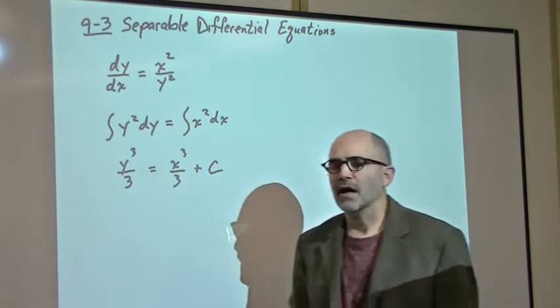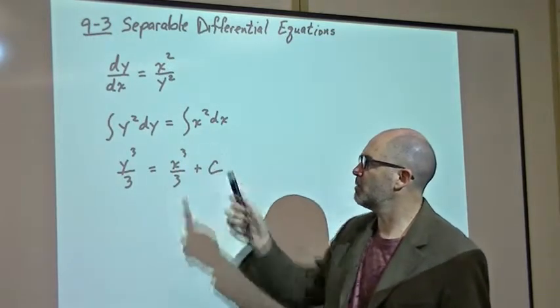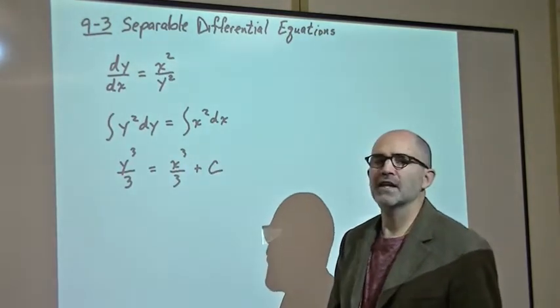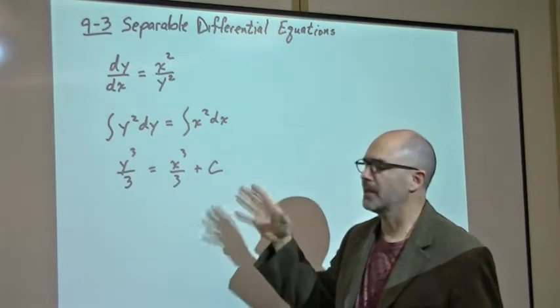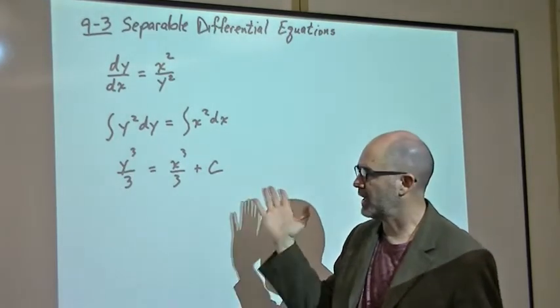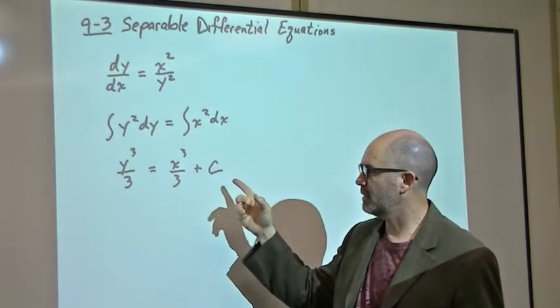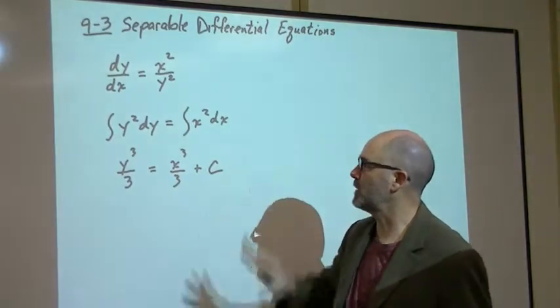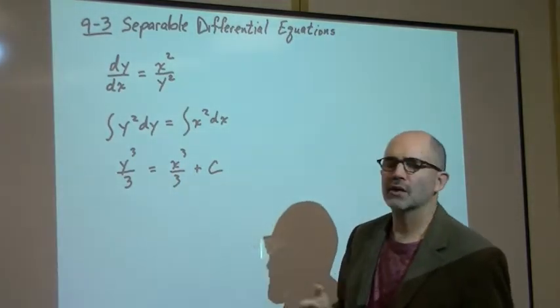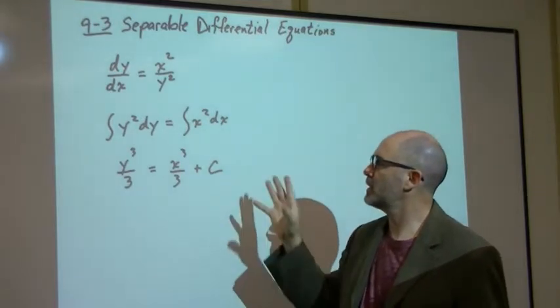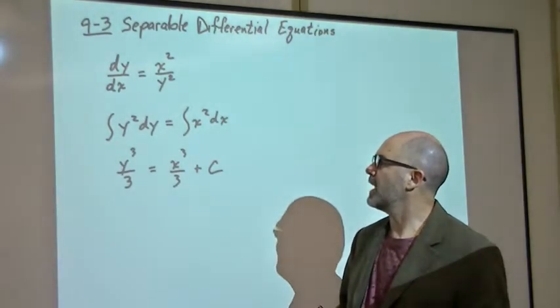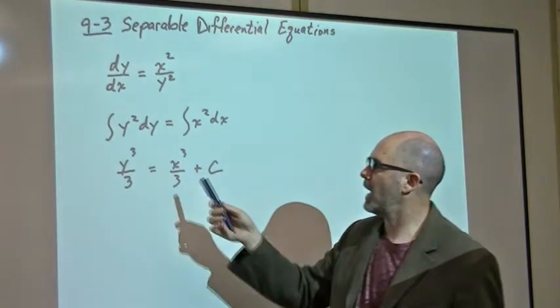Now notice we don't put plus c on both sides. The convention is we just put it on one side because the constant is an arbitrary constant, so if we put it on just one side, then it counts for both of them. So now I can solve for y.